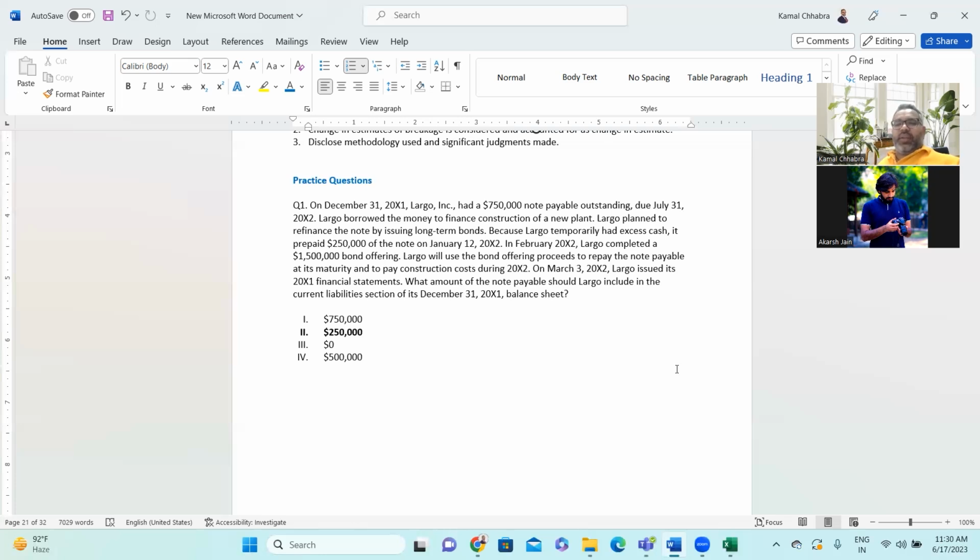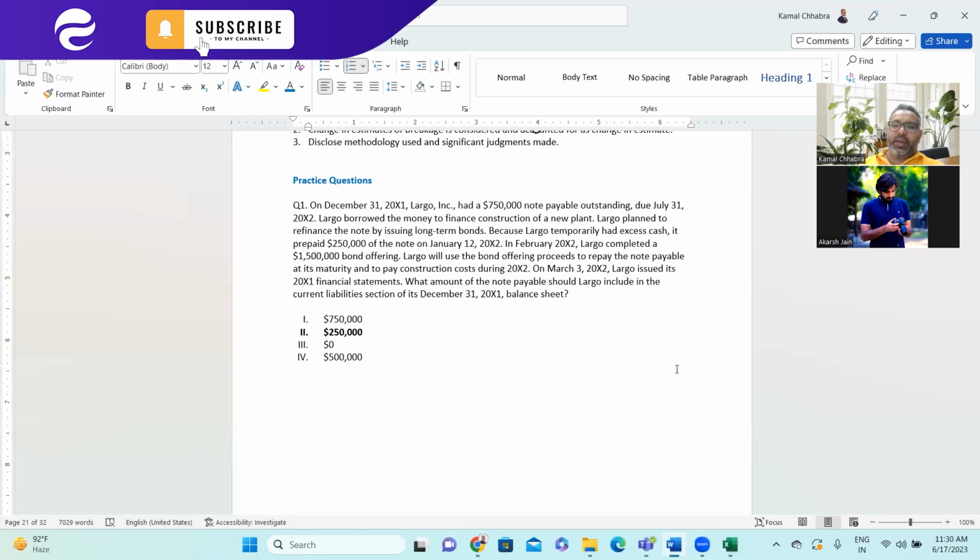Out of which you have cash and you have paid $250,000 in January itself, right? And for the remaining $500,000 you have done the refinance. And how have you done the refinance? From the long-term bonds, right? So what needs to be disclosed in current and what in non-current? 250,000 will be current and 500,000 will be non-current. Right.